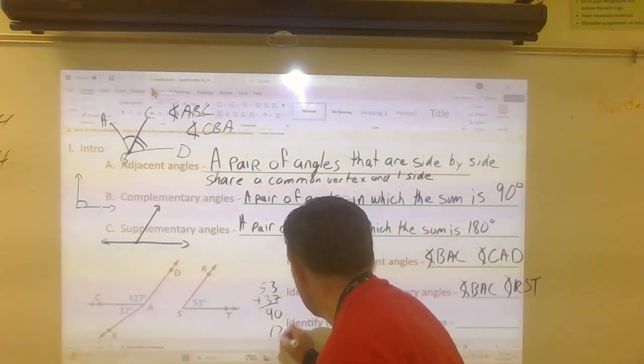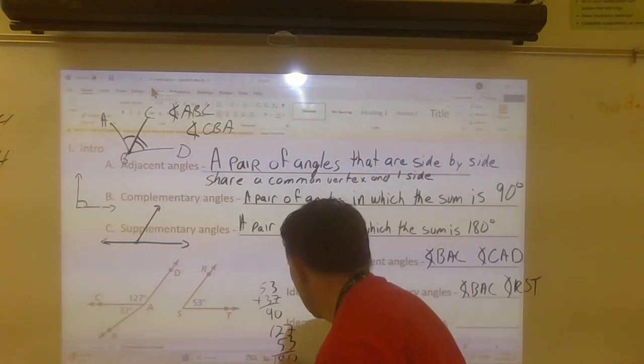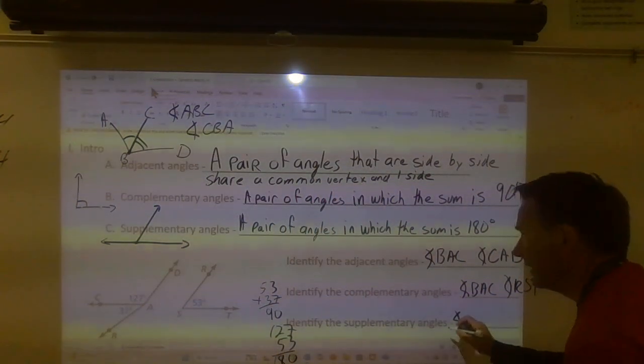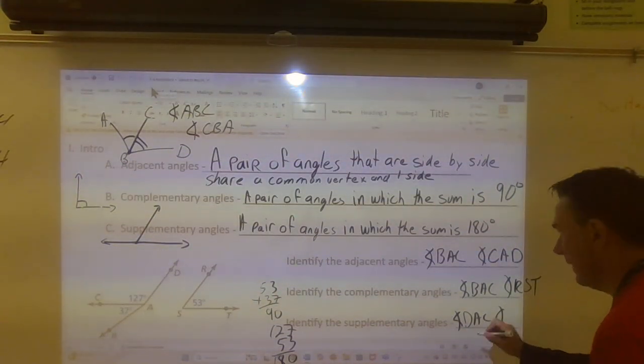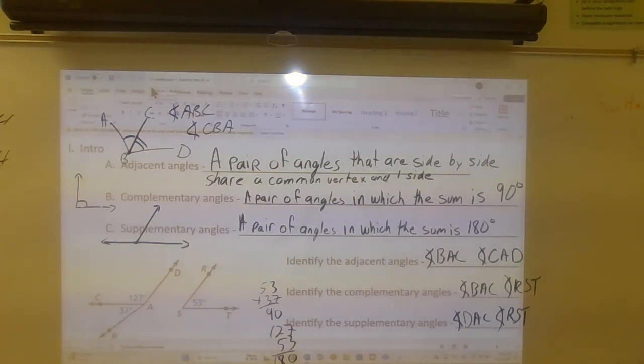This one is 127 and 53, these two here. So we could see angle DAC and angle RST again. So those are examples of how we can find those different angle pairs.